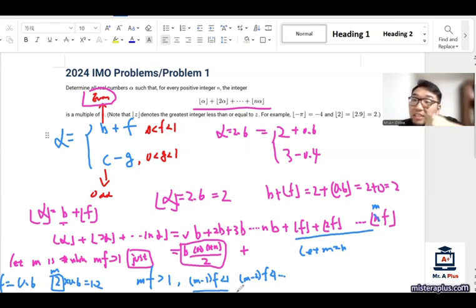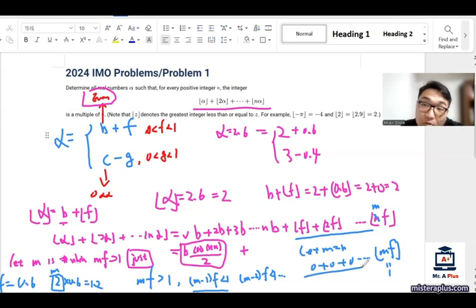So rounding down, every single one of them will be 0 plus 0 plus 0 dot dot dot. Besides the last one, MF, which rounded down equals 1, which means it cannot be divided by N. All these can, because 0 divided by anything is 0. The last one is something actual, so that doesn't work.